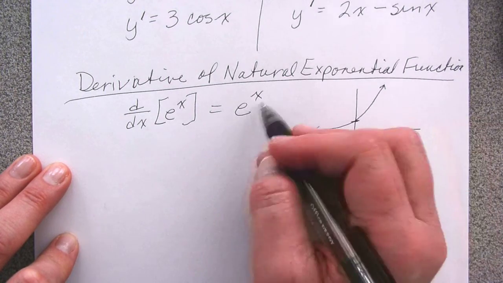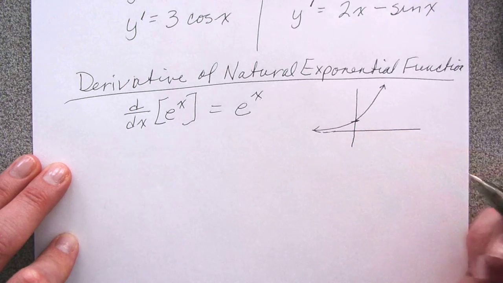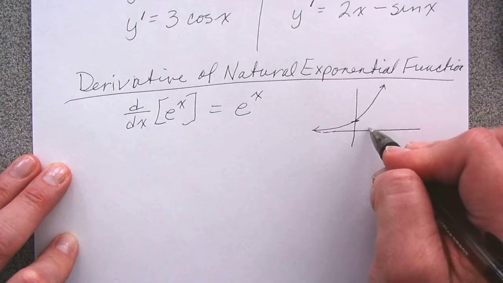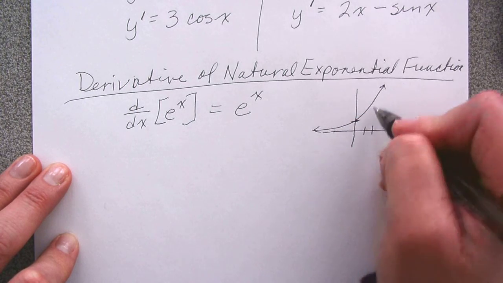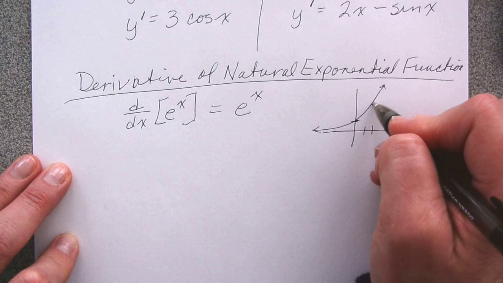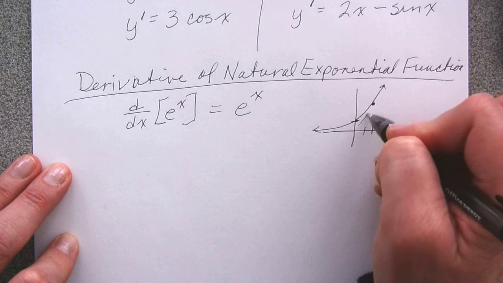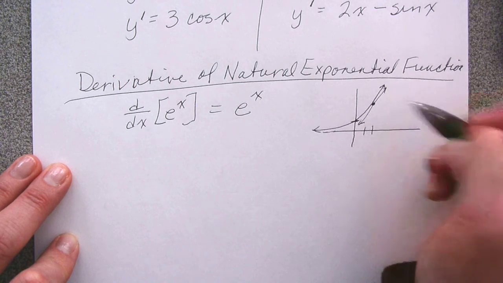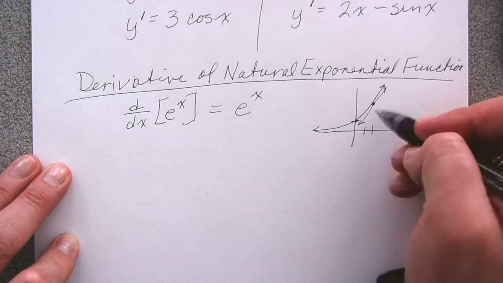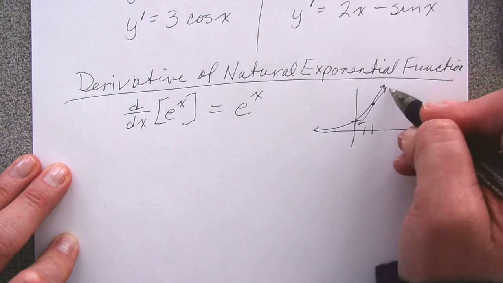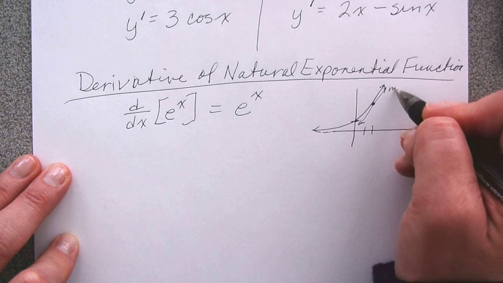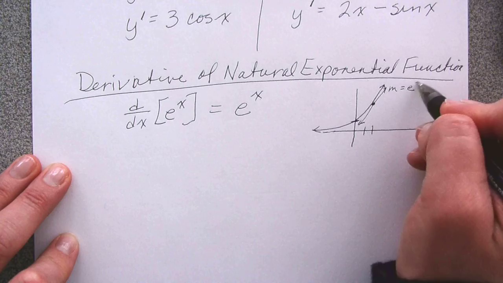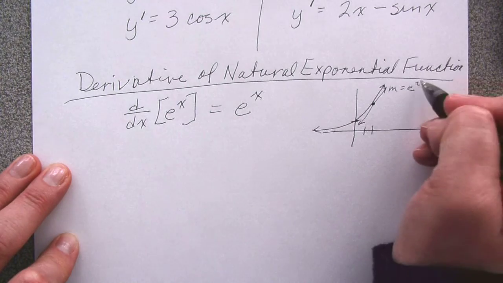If you want to find the tangent line where x is equal to 2, so x is equal to 2 right here, the tangent line. It's not a very good drawing, but you get the idea. So that tangent line there has a slope of e to the second power.